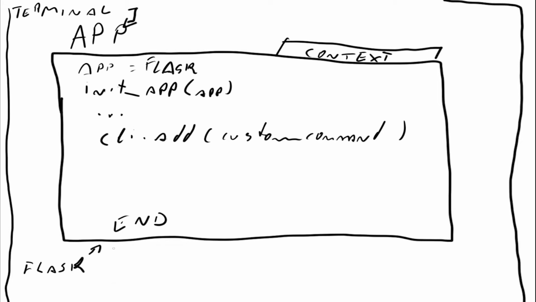And like we did before, we had some commands like create-db. So this is how it works. Basically we are registering our application to our environment, so this environment now has more commands from Flask.